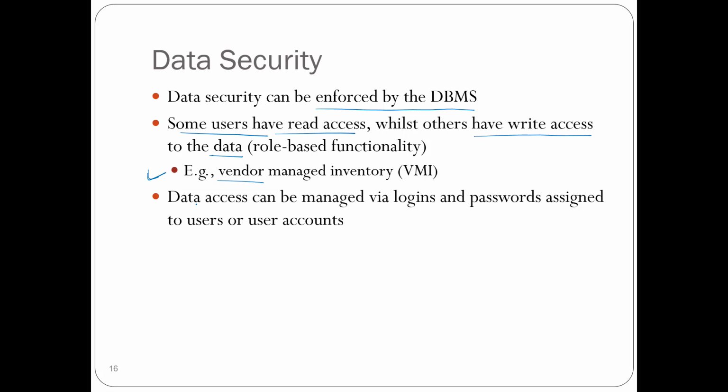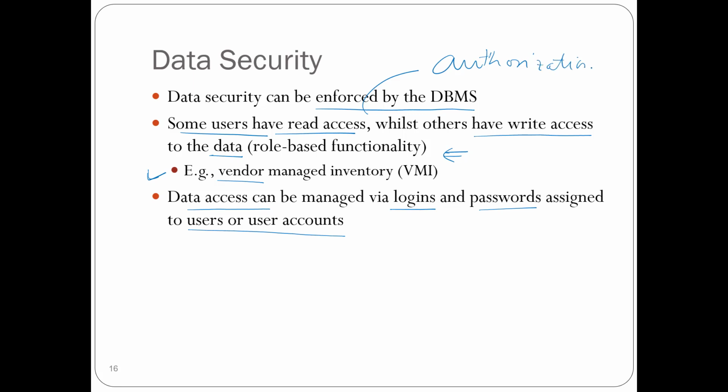Now, well, how can we enforce that? Some simple measures can be used, which fall in the category of authorization and authentication. So data access can be managed via logins and passwords that can be assigned to the users. So here, the access control that we mentioned should fall in authorization.